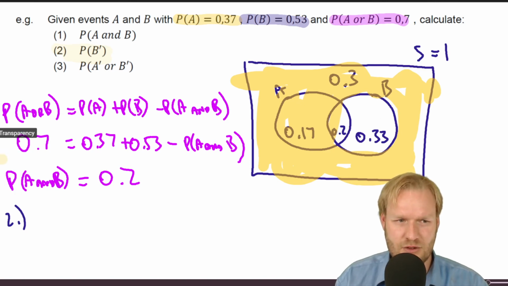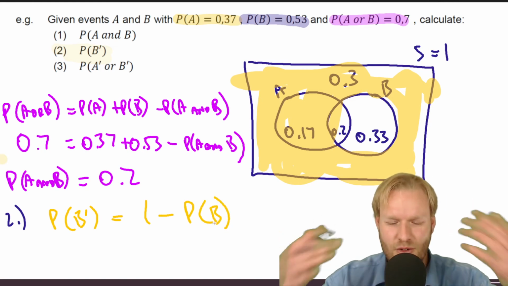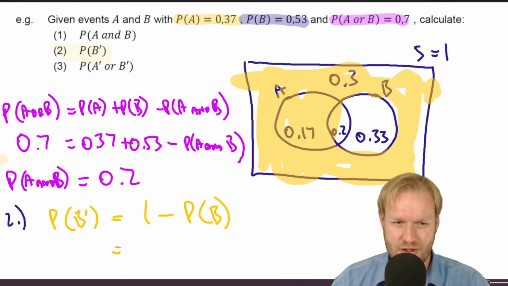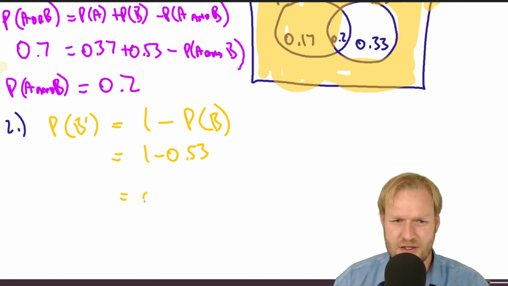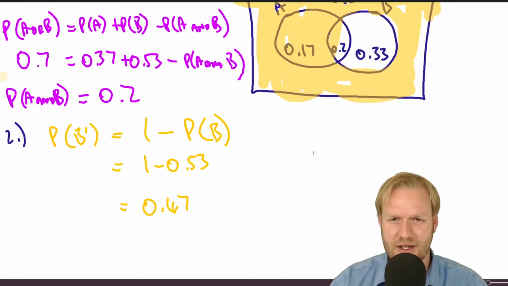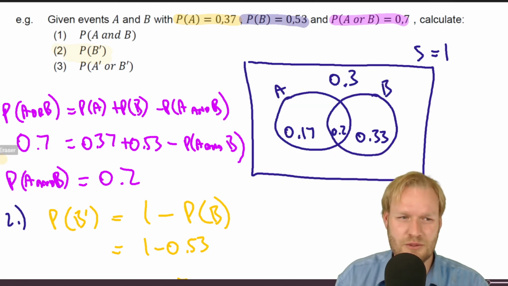Instead of adding all the other things up, we know that the probability of B not happening is just 1 minus the probability of B happening. Either B is going to happen or B won't happen, and they both have to add up to 1. So we just go 1 minus 0,53, and that will give us our answer, 0,47. So we didn't really need to look at our diagram much for that one.